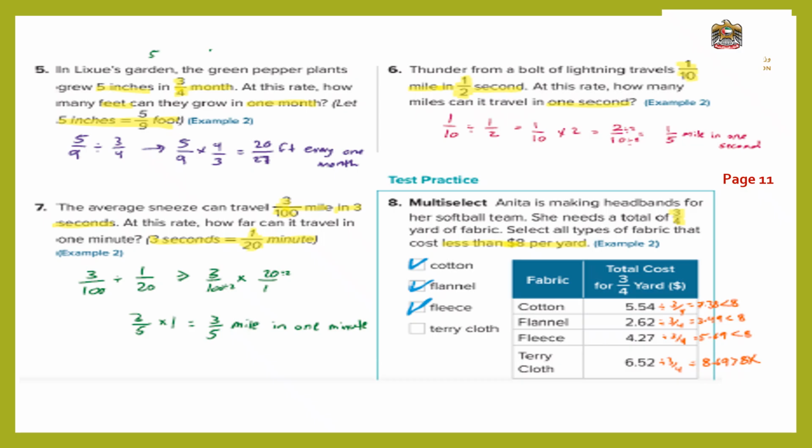And here they have given you feet. The inch to feet conversion is already given with the question, so you can use that. The same way, try these and find the answer. Check your answer is correct or not. If you have any doubt, cross check with this, or you can contact me.